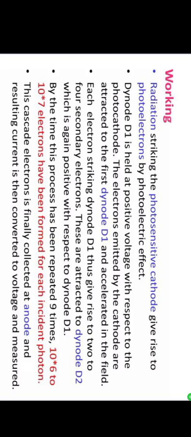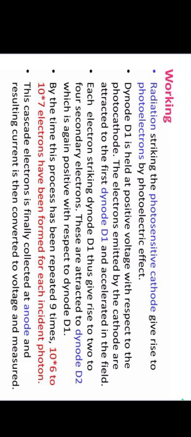Application of the photomultiplier tube. The main application is detection of impurities. That means we detect the unwanted materials of the sample. Unwanted peaks indicate these, which are determined by using photomultiplier detectors.